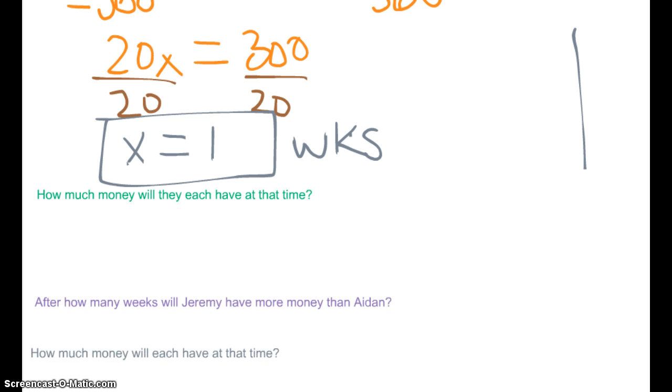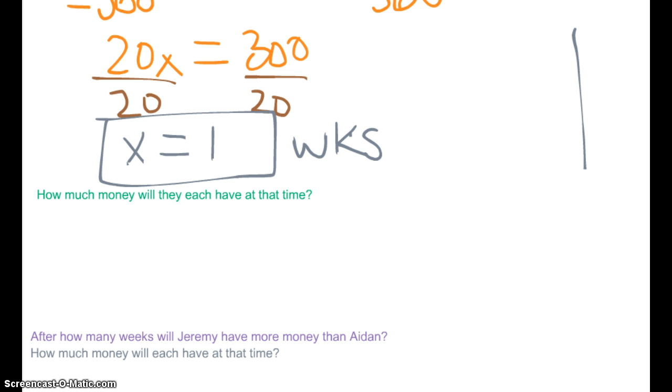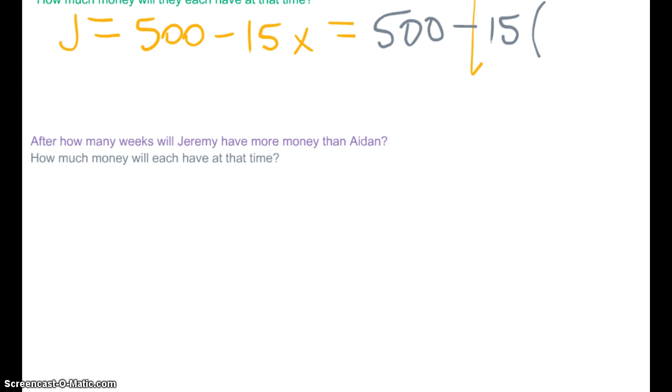Now let's find out how much money that will be. So for Jeremy, his expression was 500 minus 15x. So all we're going to do is substitute in, instead of minus 15x, it's going to be minus $15 times $15 per week. And if we work that out, it should equal $275.